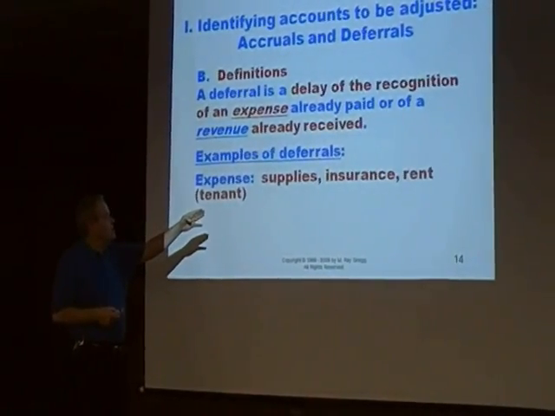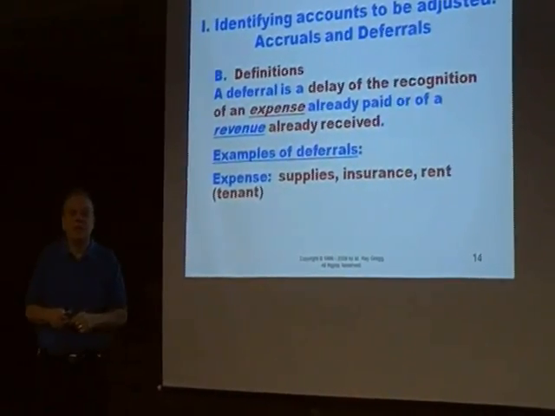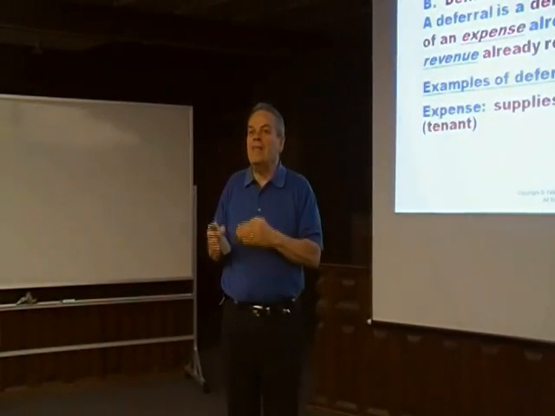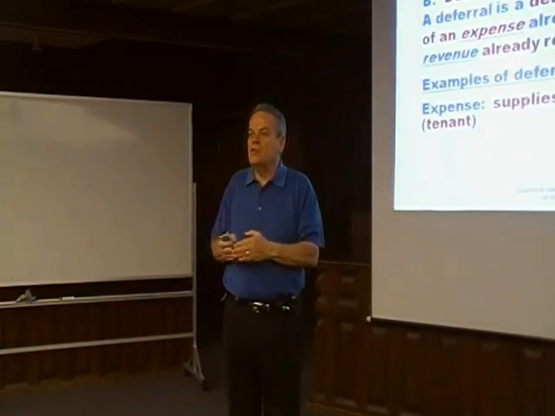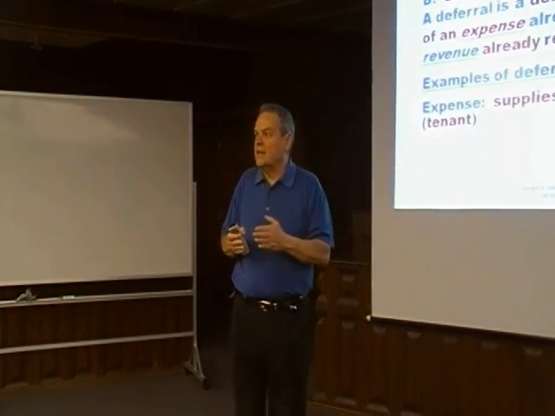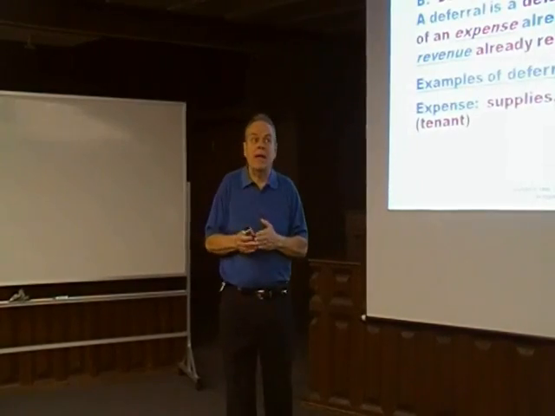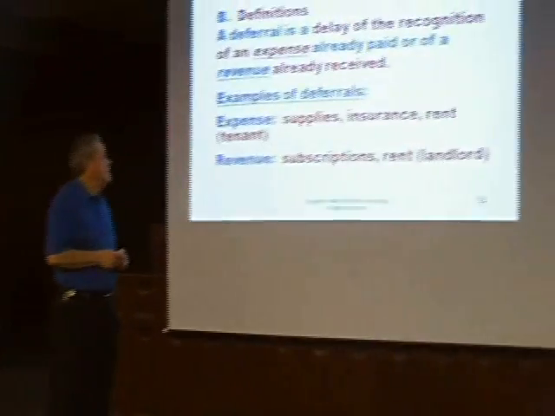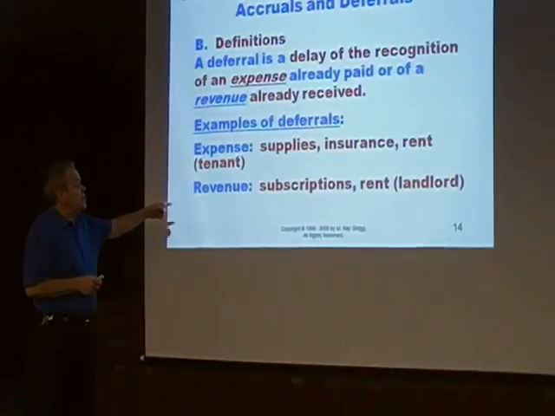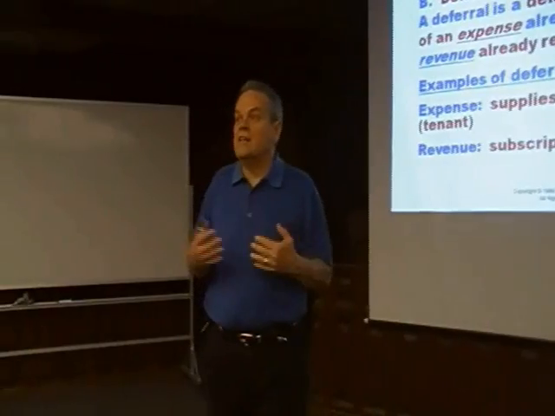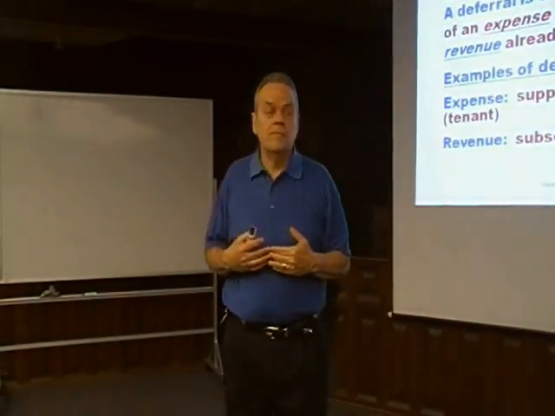Examples of deferrals I just gave: supplies, insurance. When we're a tenant and pay the rent, we pay the rent for a month. We prepay that rent for the right to use that building for that coming month. Technically, that's an asset when we pay it. We call it an expense for our own convenience. Revenue examples are newspapers or magazine companies that collect subscriptions in advance.